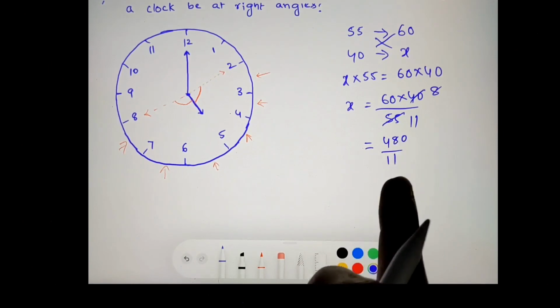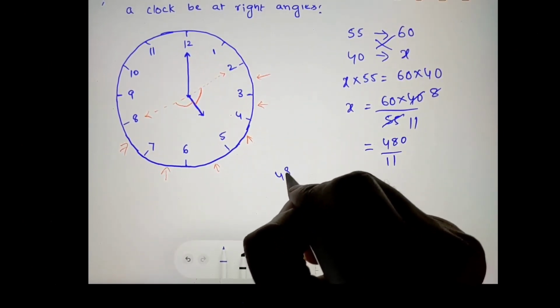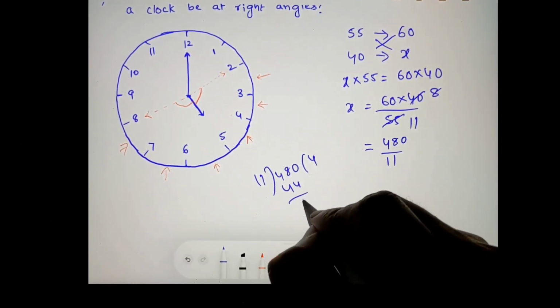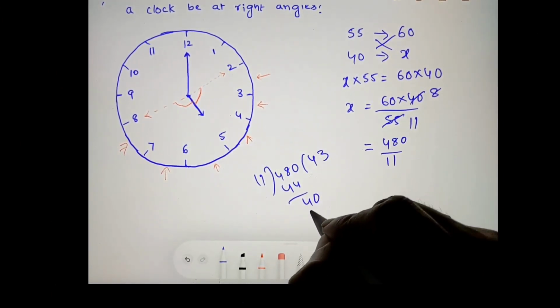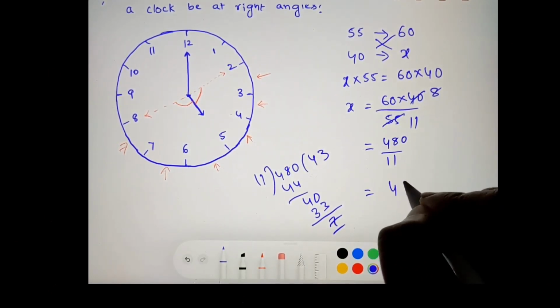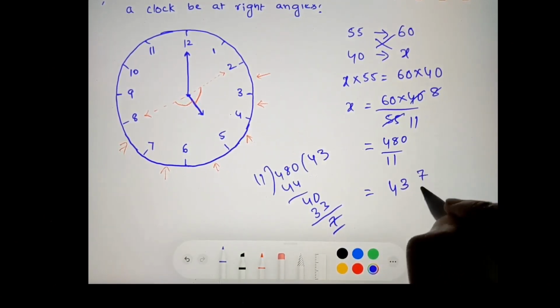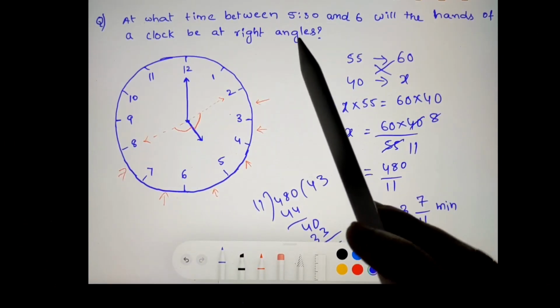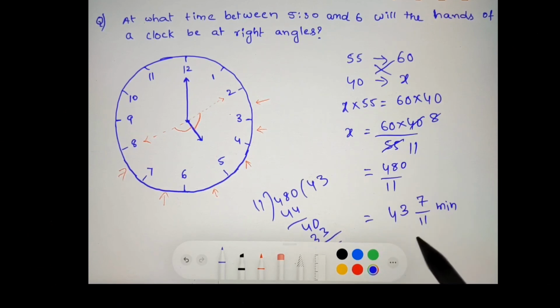How can we write 480 by 11? 11 4s are 44, and 11 3s are 33, and remainder is 7. We can write this as 43 and 7 by 11 minutes. So the answer is, exactly at 5 hours 43 and 7 by 11 minutes it will form right angle.